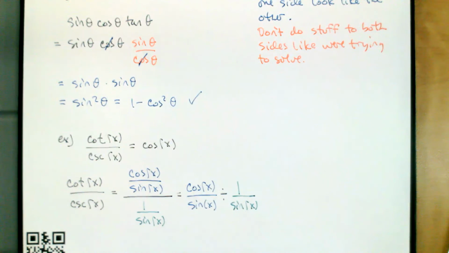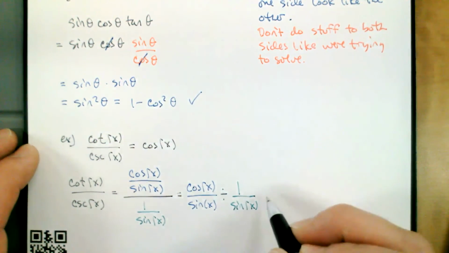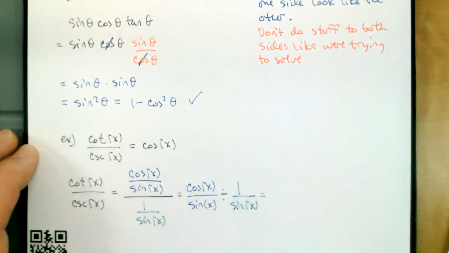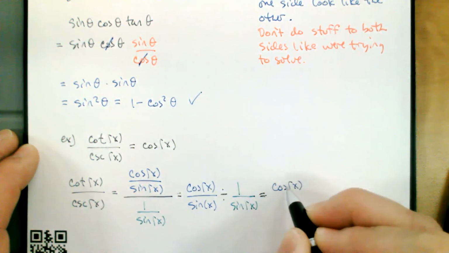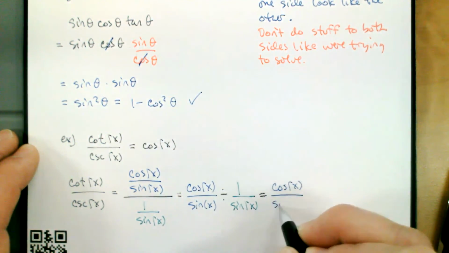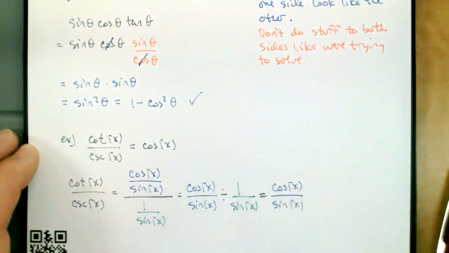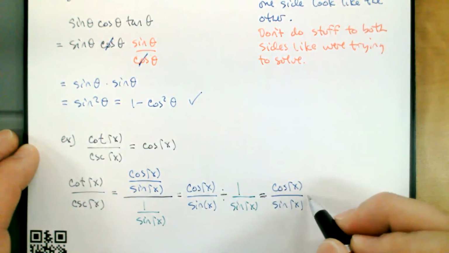I just take that vertical division and write it as horizontal division. Now I want to divide fractions, and that means multiplying by the reciprocal. So this is going to be cosine x over sine x times sine x over 1.